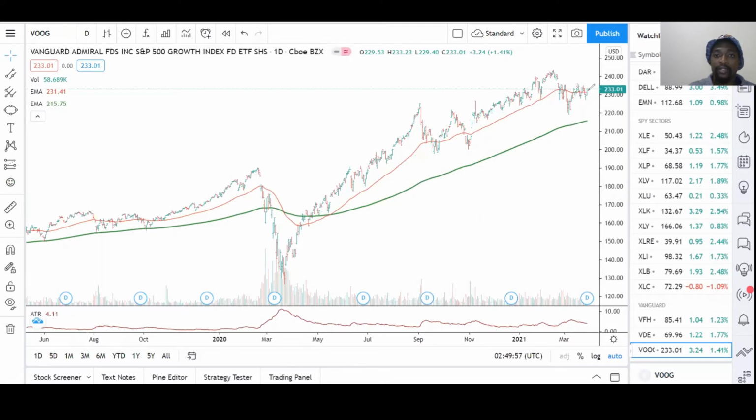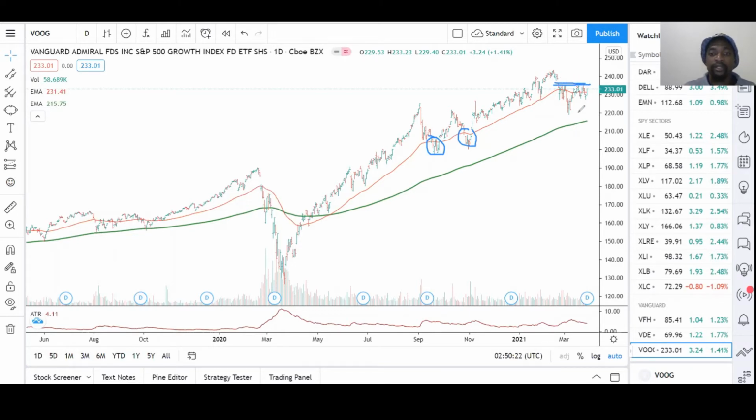As you can see, it's currently respecting the 50-day exponential moving average, although it retested the 50-day exponential moving average somewhere in September last year, and then again in November. And then recently in March, you can see that there were many instances where it closed below the 50-day exponential moving average.